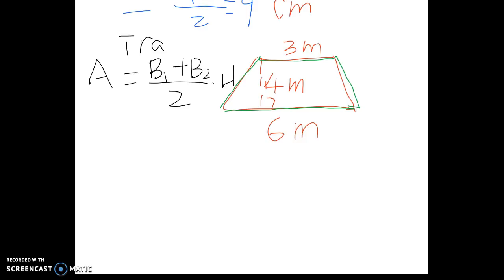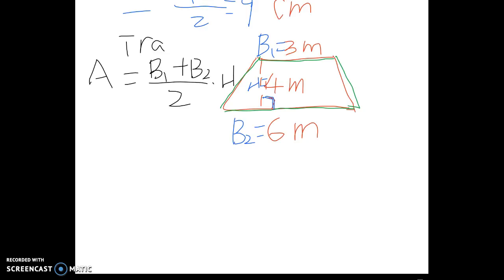As we see this right angle, so here must be the height. And the line above it will be a base, and the line under it will also be a base. So base 1 on the top, base 2 on the bottom.